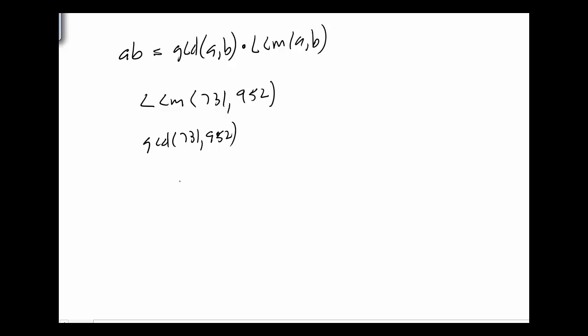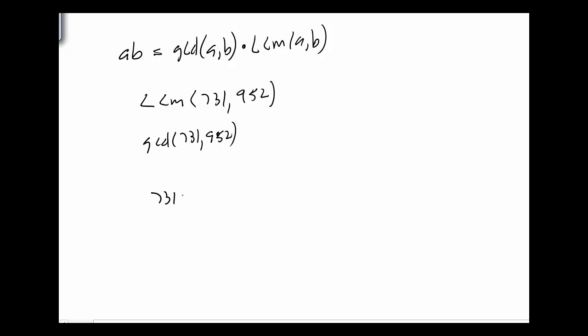What do they have in common? Okay, well, let's see. I know 2 does not go into 731. If I add up the digits of 731, oh, let's not do this. Let's do the other approach. Let's do the Euclidean algorithm on that.